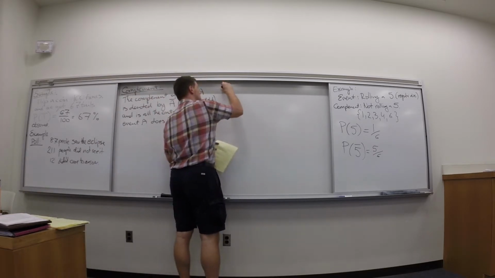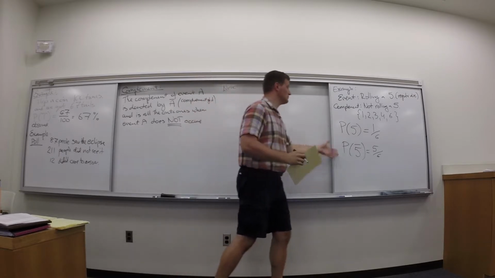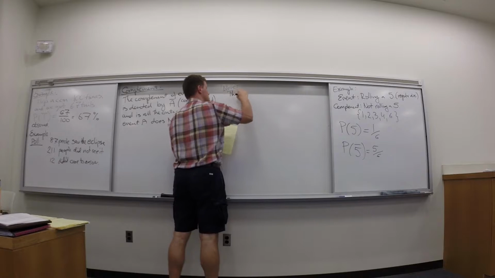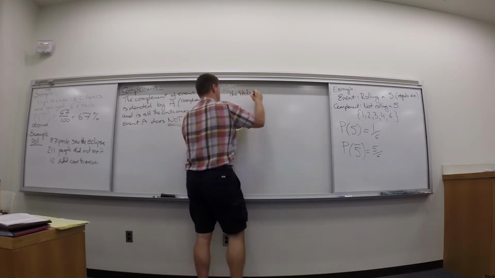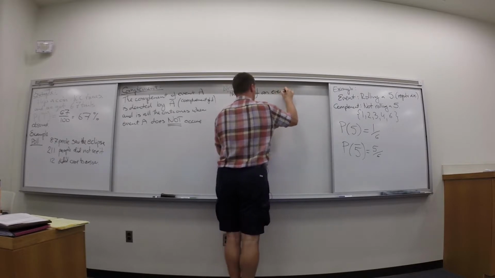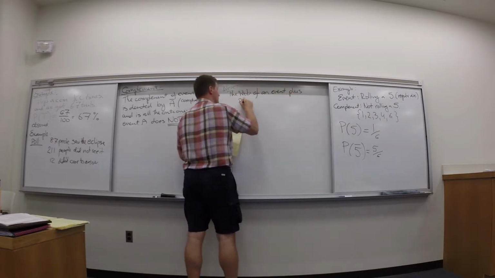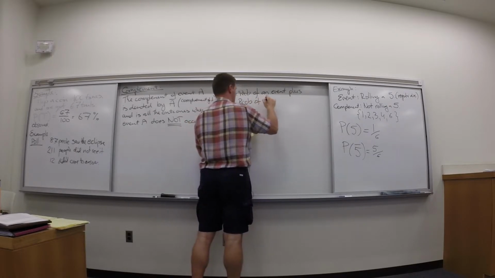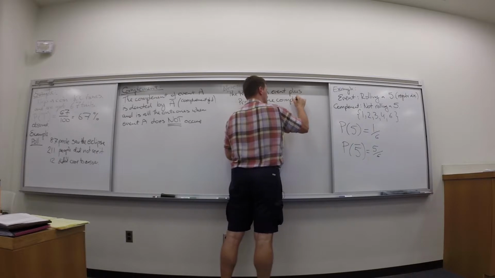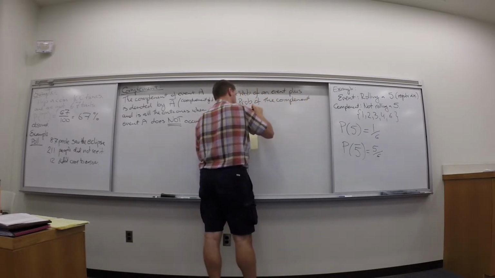So a note we can make here, we are starting to see from this example, is that the probability of an event plus the probability of the complement must equal one.